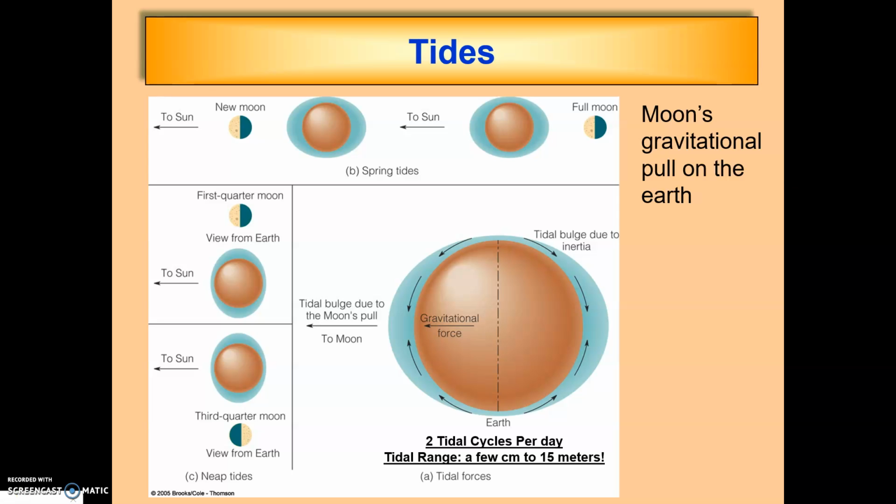Here it's showing the phases of the moon, and this bluer part is defined as the tidal bulge. Again, there are going to be 2 tidal bulges, one on this side, and a bulge on the opposite side of the Earth. And typically, the larger bulge in this situation is going to be towards the moon.